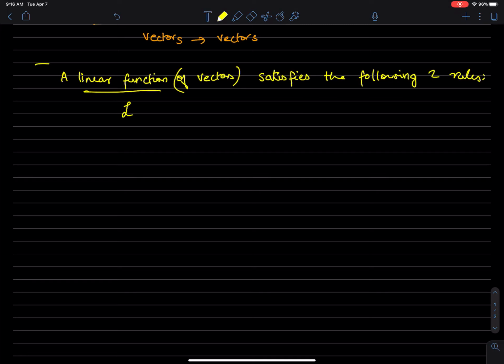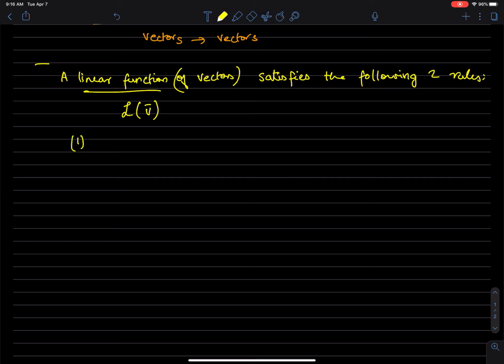So if you have a linear function L as a function of some vector V, then this satisfies the following conditions.